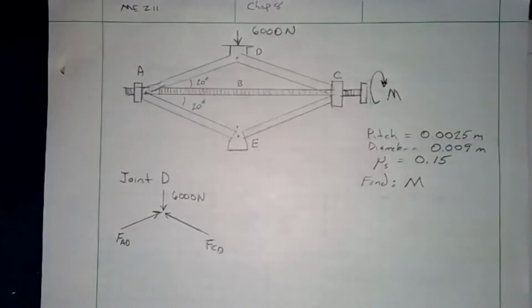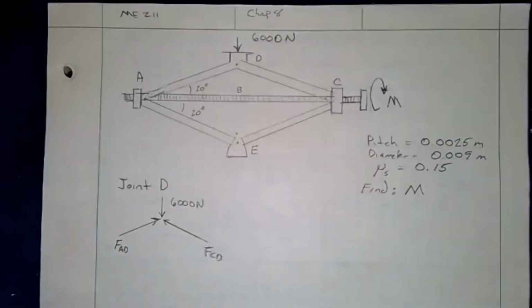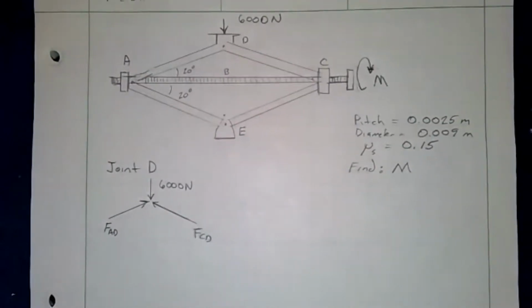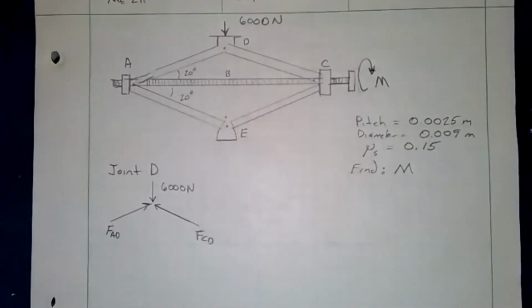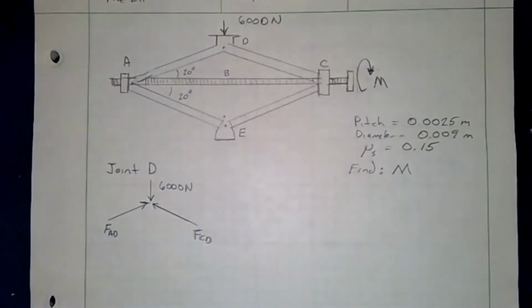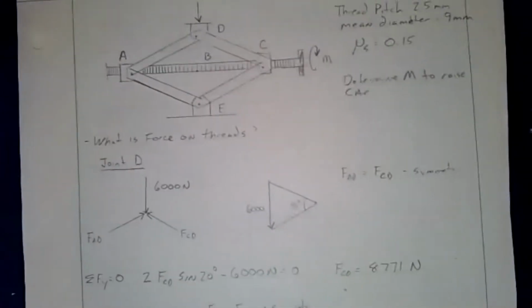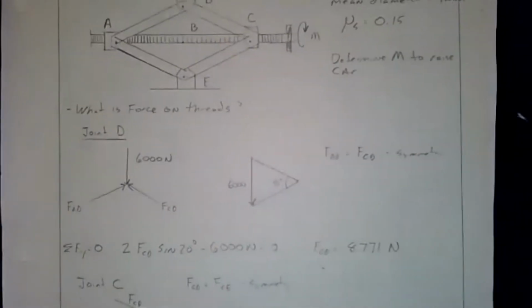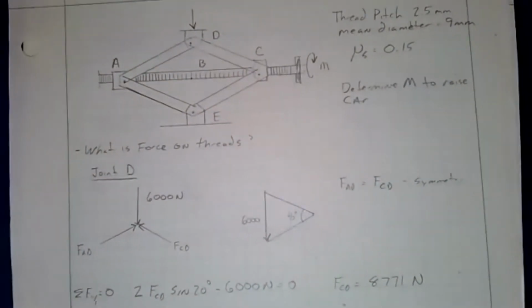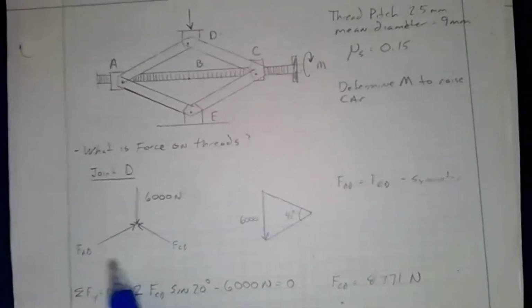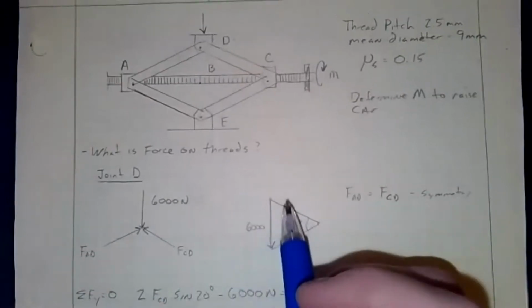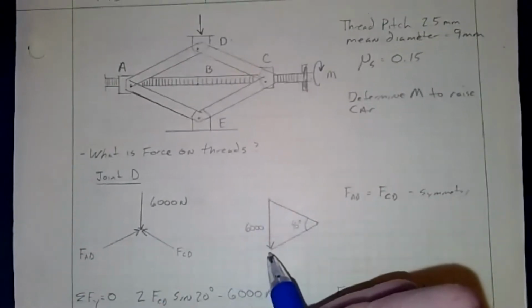So if we do that, then instead of drawing it, I can just go through it. Here we have AD, we have CD, we have 6,000 newtons.